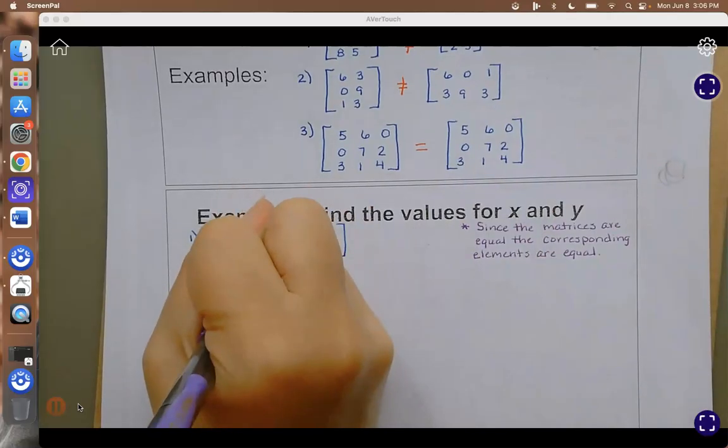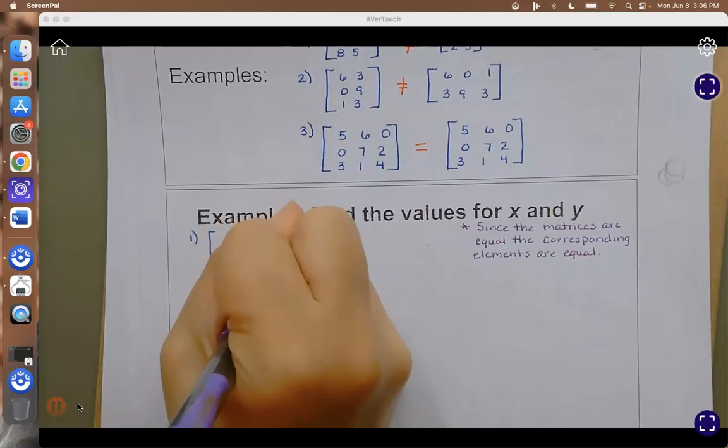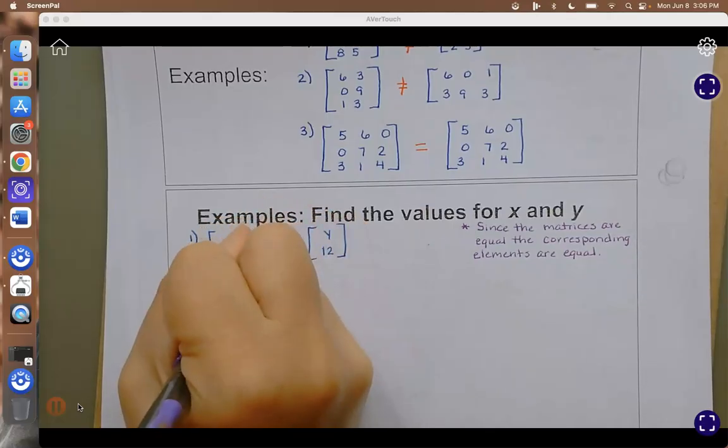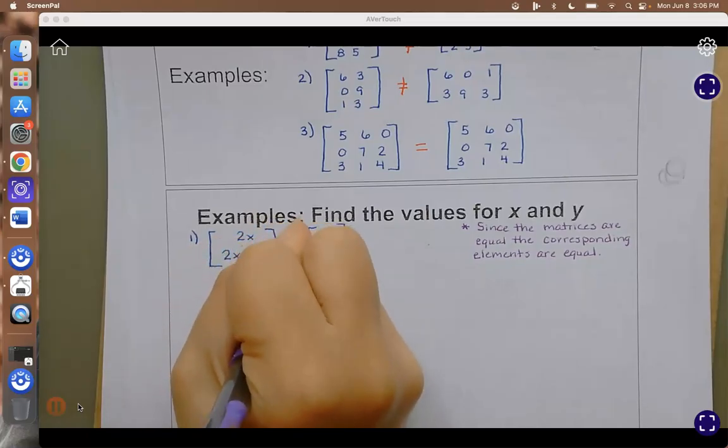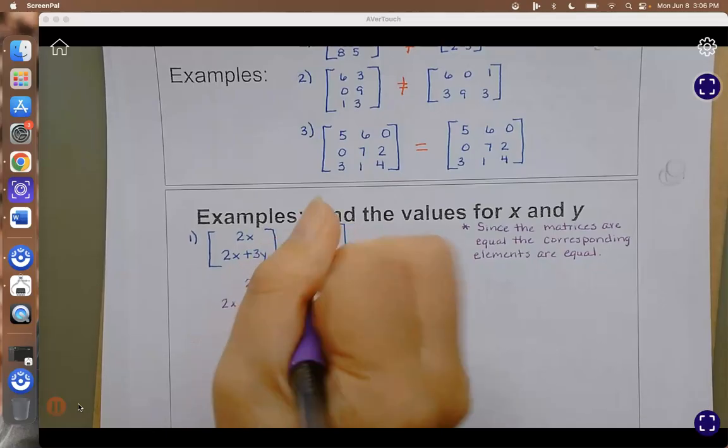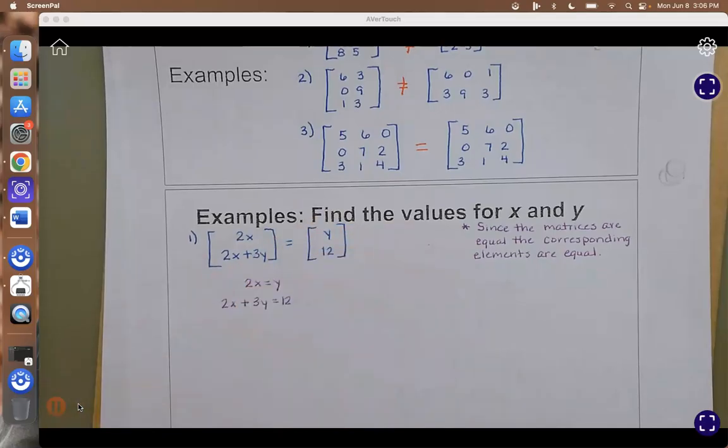So we can go 2x equals y and 2x plus 3y equals 12. Okay?